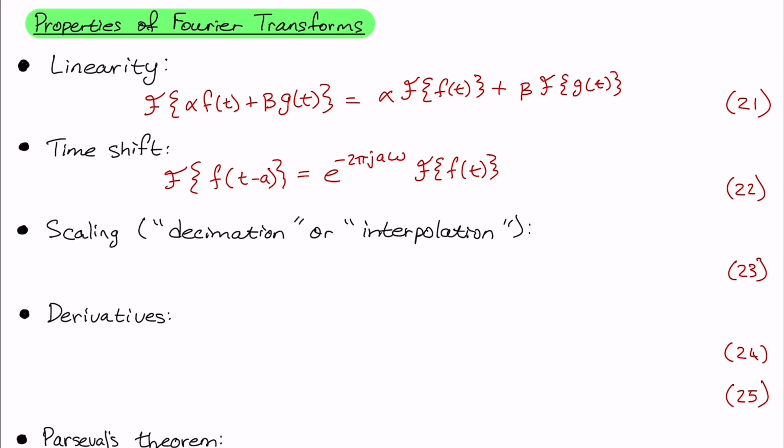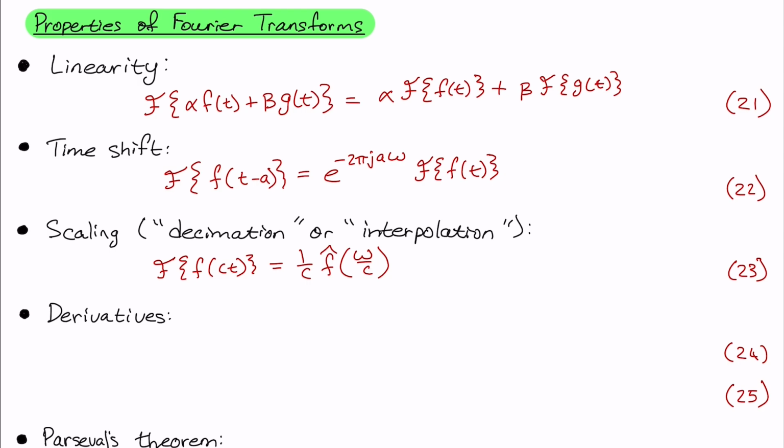We also have what's known as a scaling property, which is the equivalent of decimation or interpolation that we saw for discrete signals. In this case, we'll just say that the Fourier transform of f of ct, where c could be greater or less than 1, so it could be a decimation approach, is equal to 1 over c times f hat of omega over c.